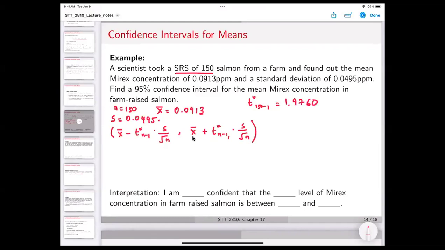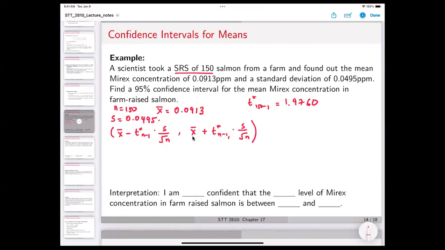Did you all get that? Who got something different? Do you all agree this is the critical value you got? Okay. So if that is the case, it means that we can now solve the confidence interval by hand.